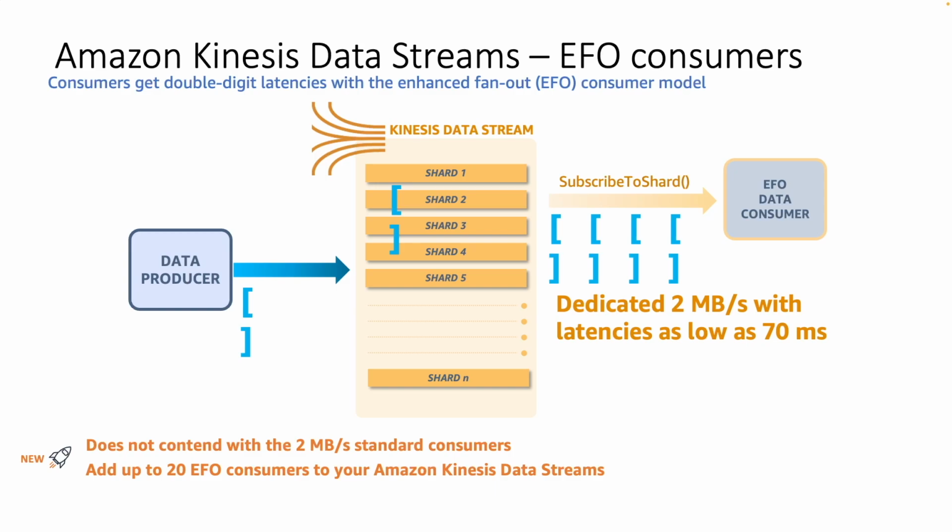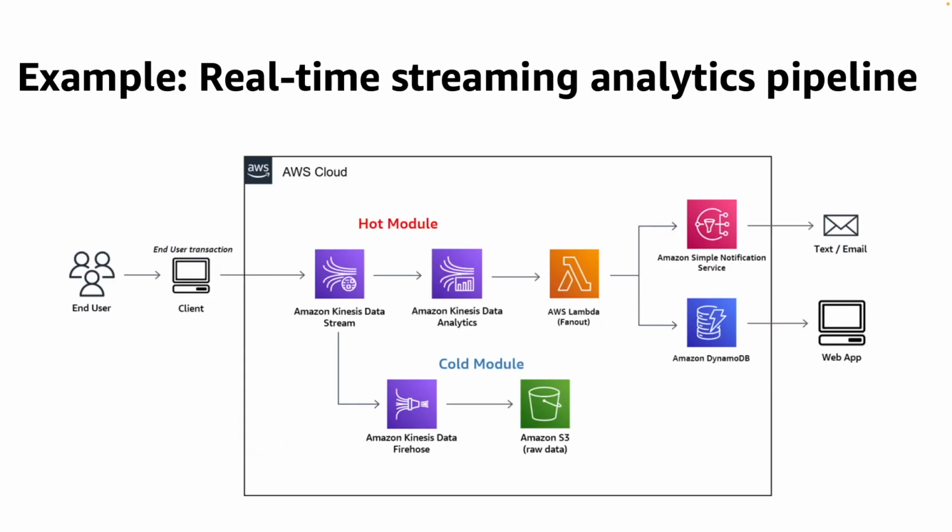This is useful where you have multiple consumers, and you have to ensure that the throughput is not a bottleneck. To have that extra capability, you can think about using the enhanced fan-out model. With the enhanced fan-out consumer model, you pay more money for this extra feature, but this can be useful if your business is looking for low latency and high throughput use cases.